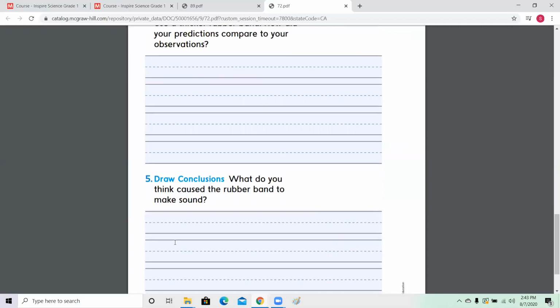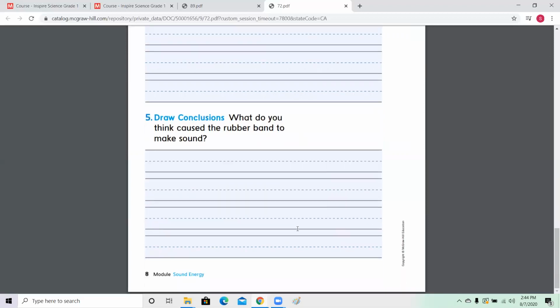Why? When you were plucking it, the vibration of that rubber band made the sound that you heard. All right. Okay, that's it for today.